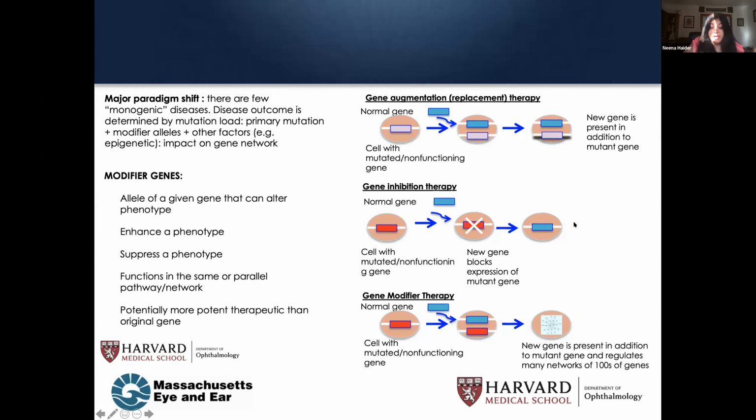Hundreds of genes are impacted here. And that's a real advantage here, where the modifier gene is something that can alter the phenotype. It can enhance or suppress it. It can function in a parallel or similar pathway, potentially can be far more potent as a therapeutic than the original gene replacement.